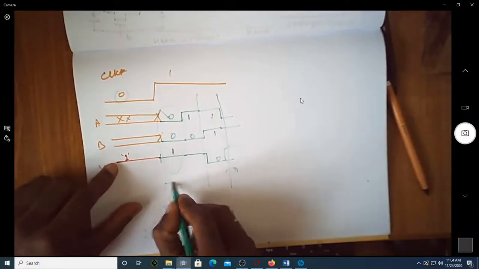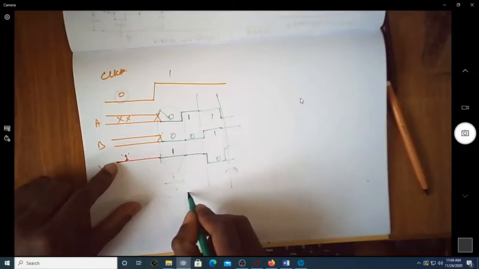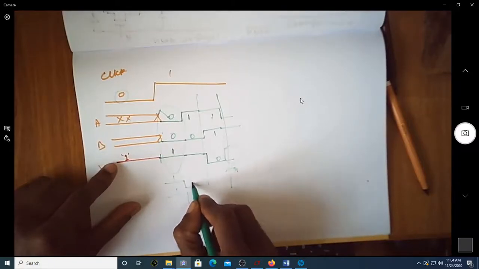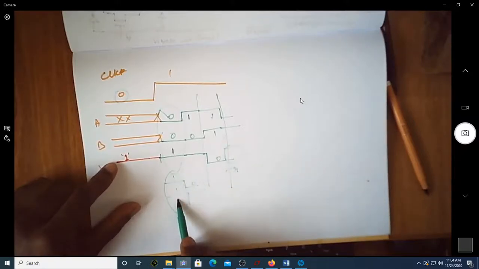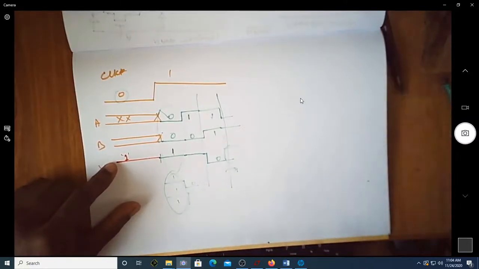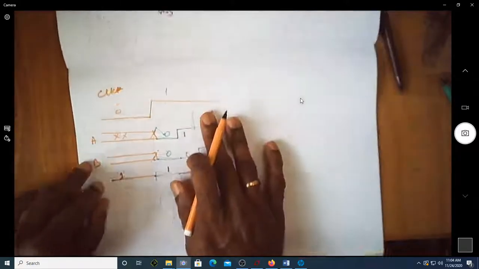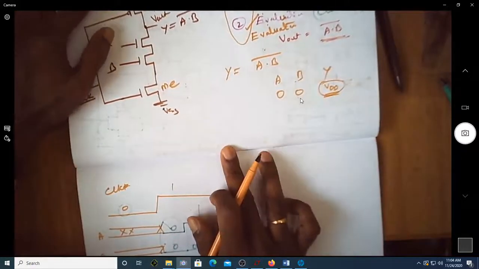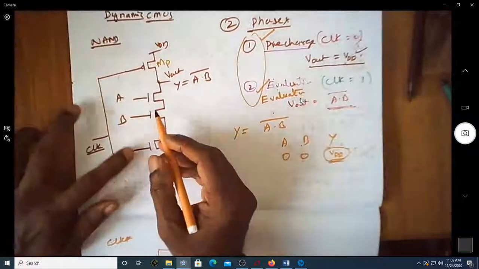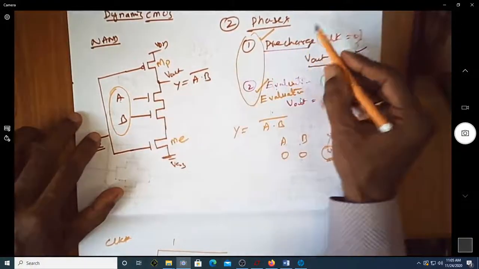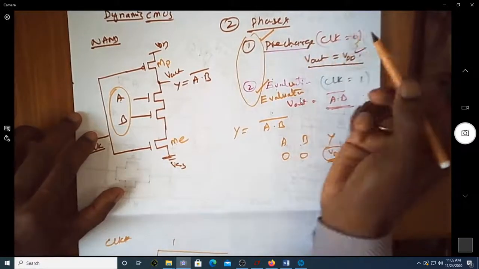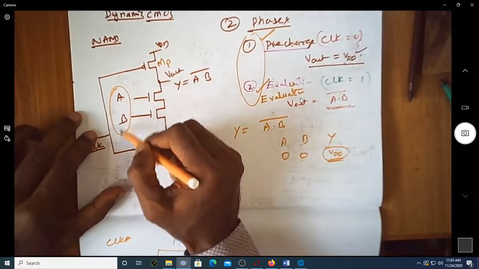Suppose you started this as 1 1, and then make this 0 1. It would have been valid for only this combination. The subsequent combination would have failed here. So that's why in dynamic CMOS verification, for every combination, first we need to do a pre-charge and then evaluation, give A and B, then check it out.